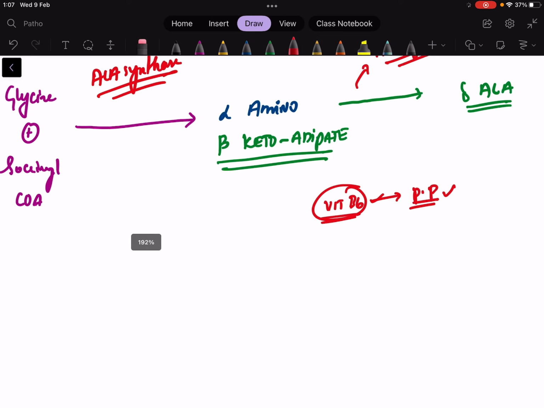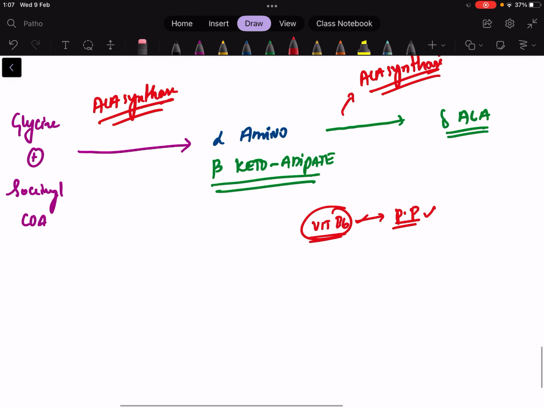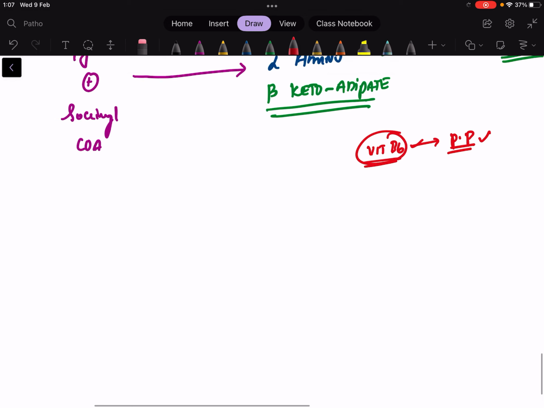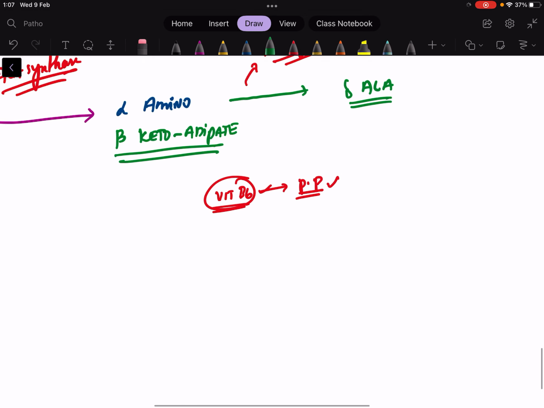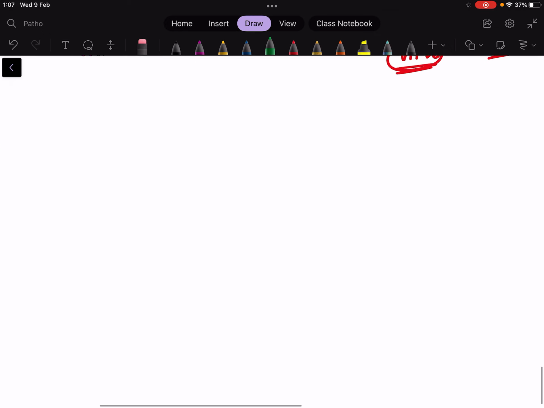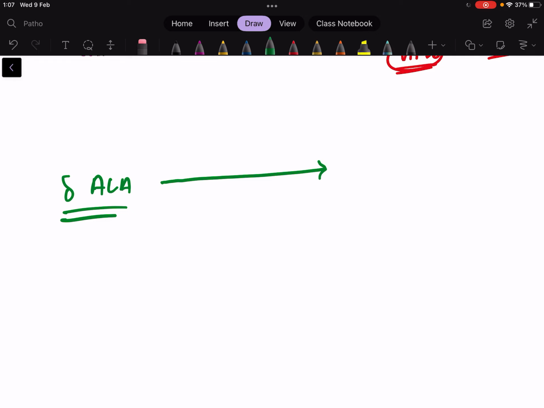So as you can see here, we are getting delta ALA, and this delta ALA usually gets converted into, I will draw it here clearly. So we got a compound called delta ALA, which is delta amino levulinate. Now from this delta amino levulinate, we are going to form a compound called porphobilinogen.